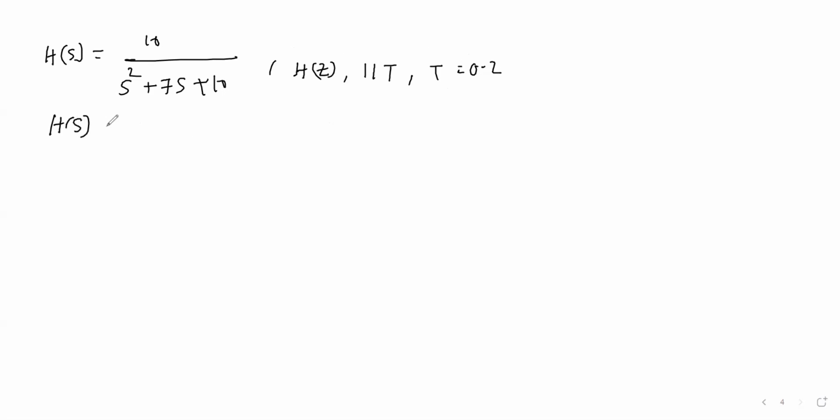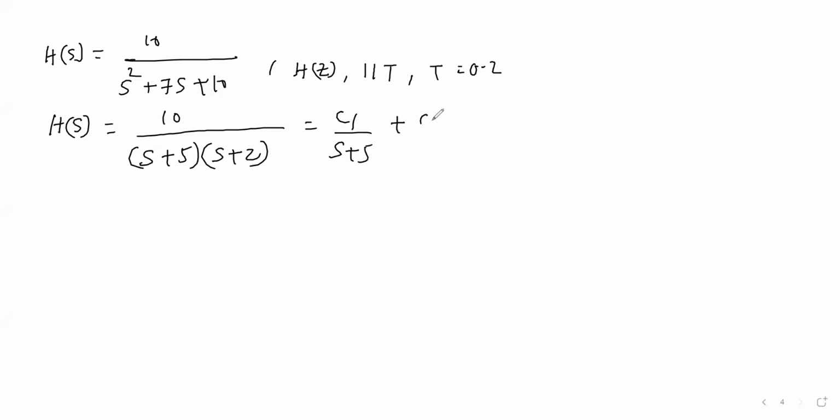That is H of s equals 10 by s square plus 7s plus 10. How can we write it? It is s plus 5 into s plus 2, yes or not? After that, simple partial fractions: C1 by s plus 5 plus C2 by s plus 2. Then find the values of C1, C2. Then H of t equals C1 e to the power minus 5t u of t plus C2 e to the power minus 2t.